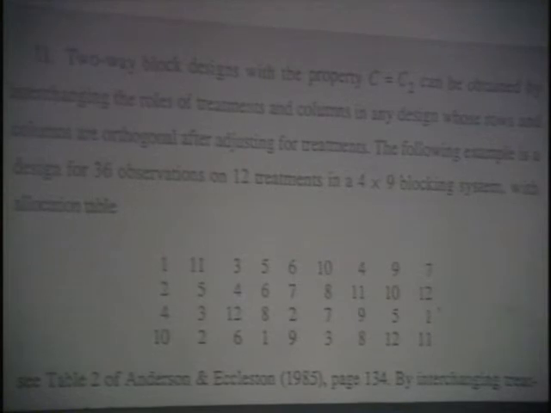Here we have an example taken from a paper of D.A. Anderson and J.N. Eccleston. This is just our first reference, 1985, JSPI. These numbers here denote treatments. So we have 36 observations, 12 treatments, 4 rows and 9 columns, or in other words, we have a 4 times 9 blocking system.